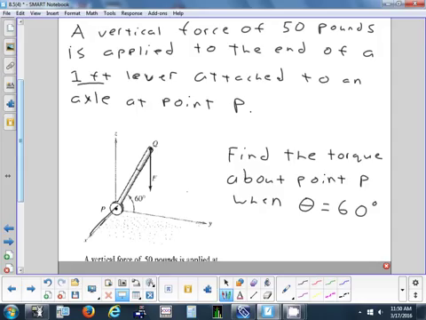So basically what's happening is my lever is at a 90-degree angle to my rod, and I could use a cross product to figure out the torque. What's interesting, kind of different about this problem and why it gets into calculus, is because the torque is constantly changing. If my rod was straight up, and I pulled down on it, is it going to rotate at all?